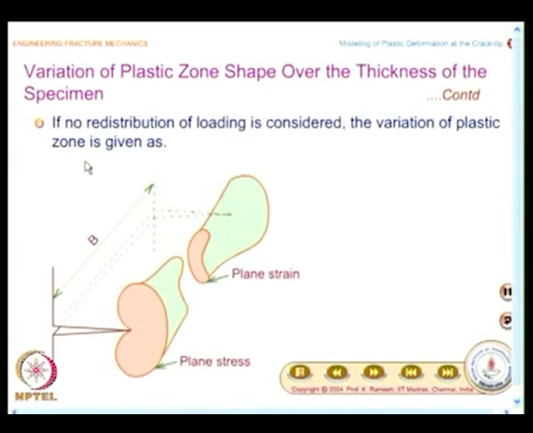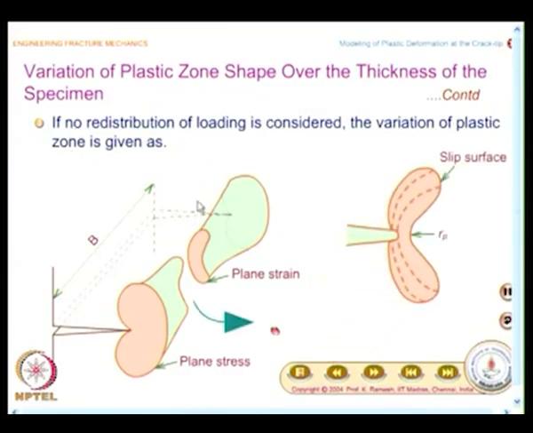So, the first set of results presented here is, if no redistribution of loading is considered, the variation of the plastic zone is as follows. You have to note that the crack is like this, and you have the thickness of the specimen as B. On the surface the shape is something like this.